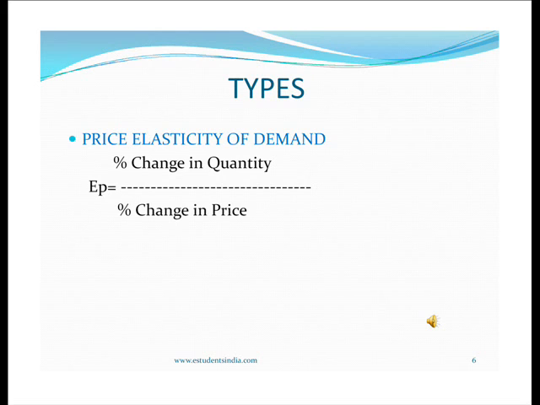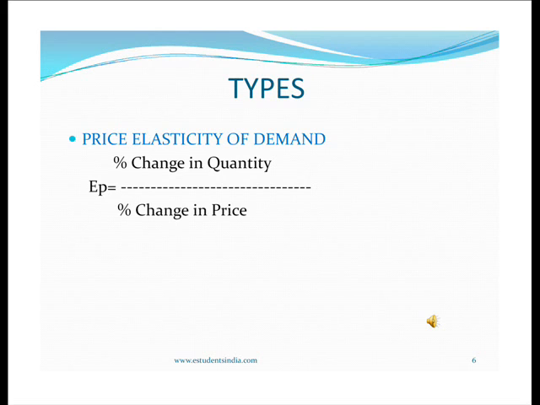Price of a good falls from rupees 10 per unit to rupees 9 per unit in a day. The quantity demanded increases from 125 units to 150 units per day.